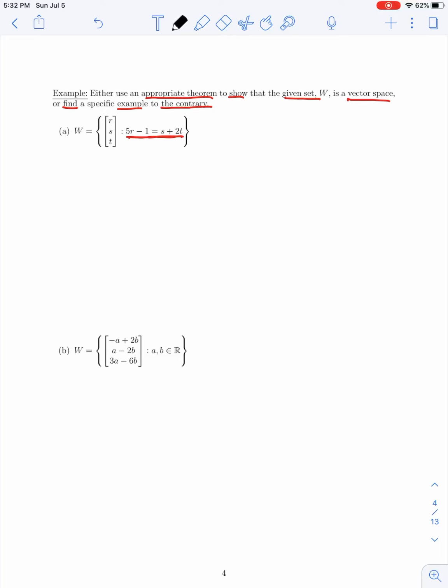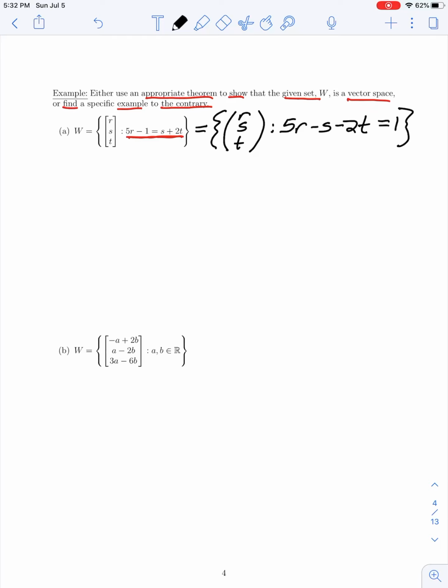So here we have another way to write this as the set of vectors R, S, T, such that if I rewrite my equation, I could express this as 5R minus S minus 2T is equal to 1.